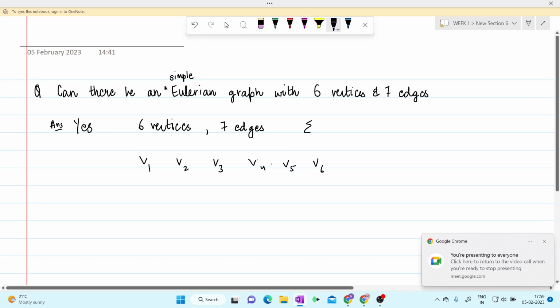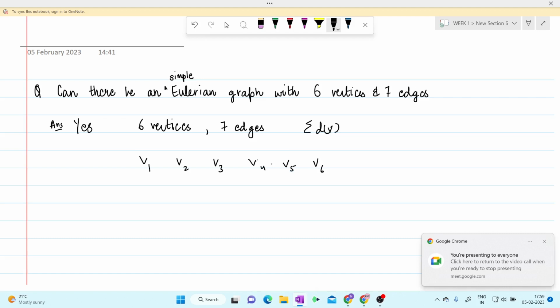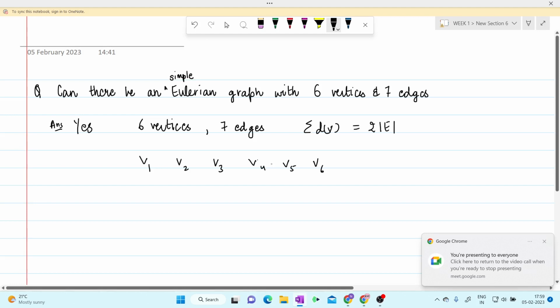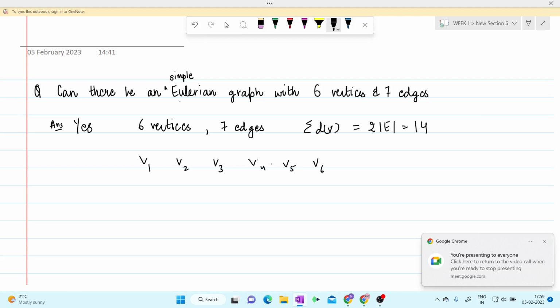What is the sum of degrees? The sum of all the degrees of vertices is twice the number of edges, which is 14. Now, a simple Eulerian graph should have all vertices of even degree. So my first question is, what are the possible degree sequences?